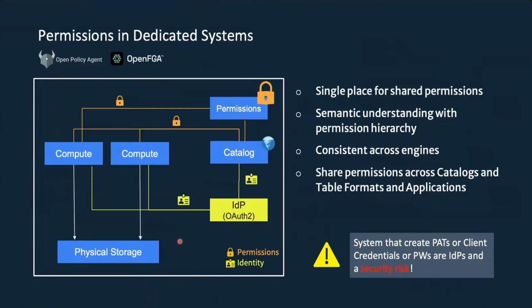It doesn't come from your IDP typically, so I put that down here. So every system that creates a personal access token, client credentials, or passwords that is not your identity provider is another identity provider in your system and a security risk. Throw it out. So generate credentials in your IDP and nowhere else.